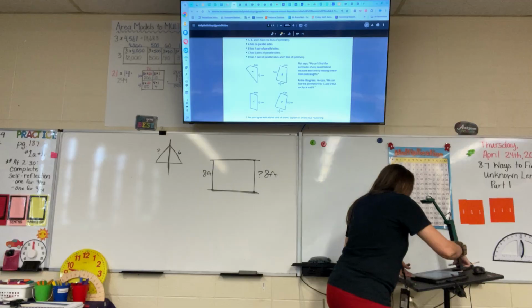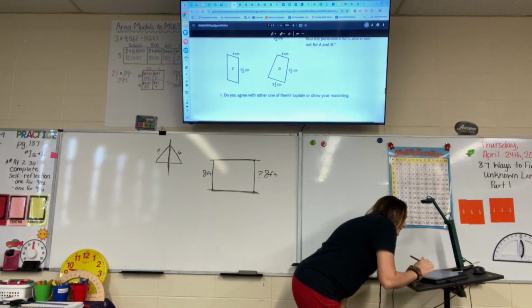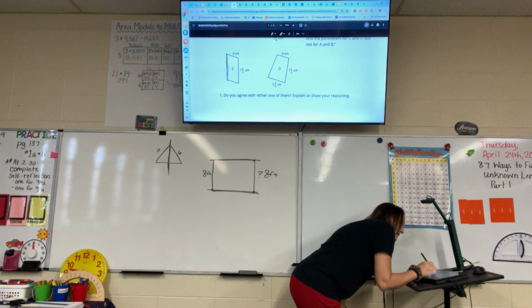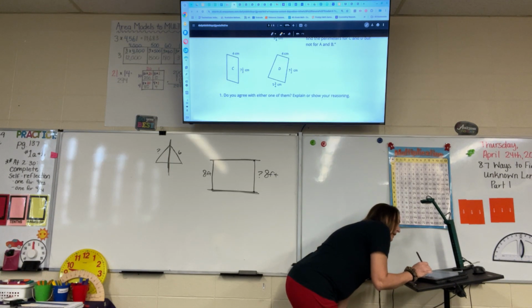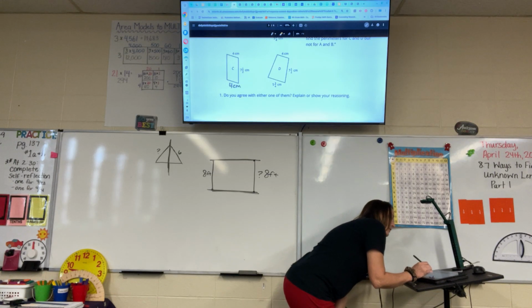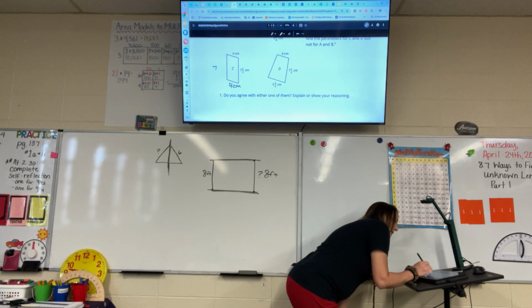So this one has 2 pairs of parallel sides. That means this side and this side never cross, and this side and this side never cross. Will that allow you to figure out the side lengths? So what's the bottom? 4 centimeters. If the right is 7.5 centimeters, what's the left? 7.5 centimeters.